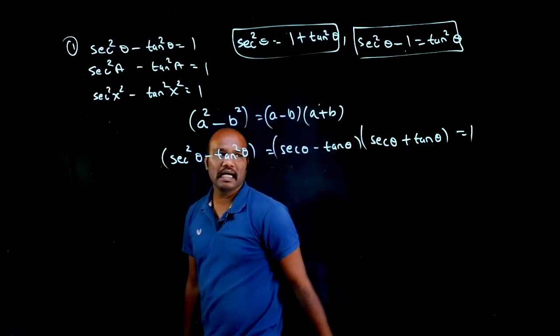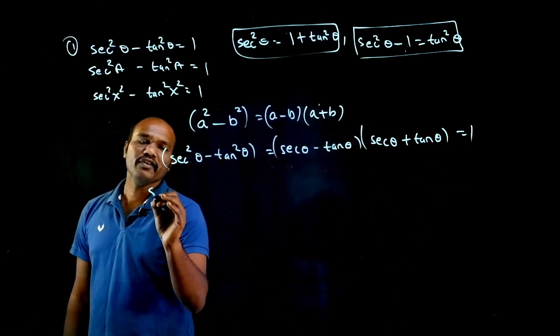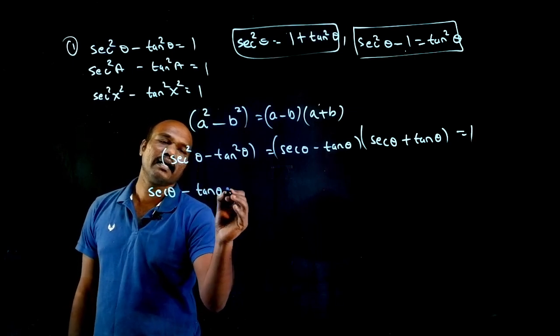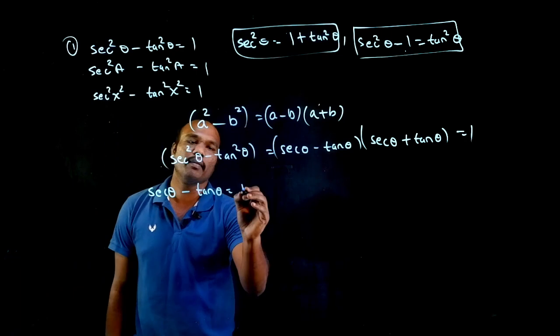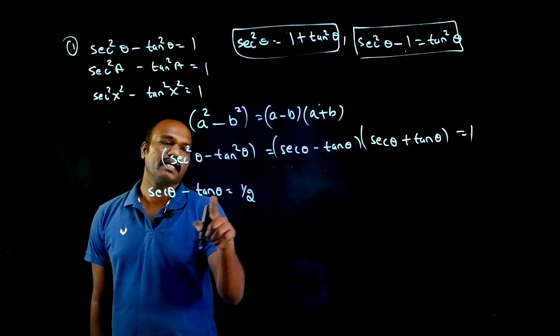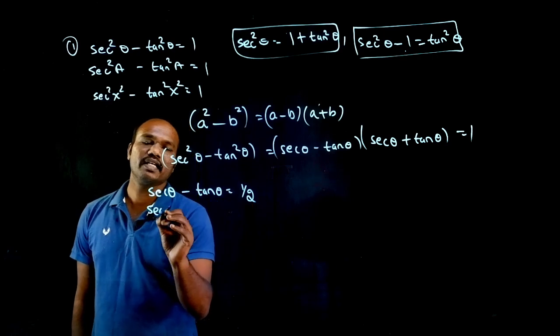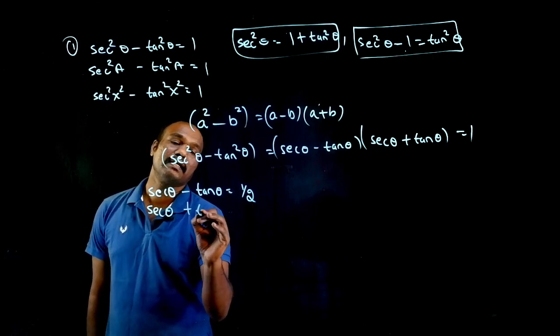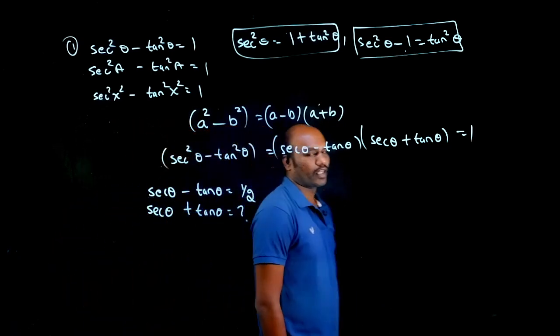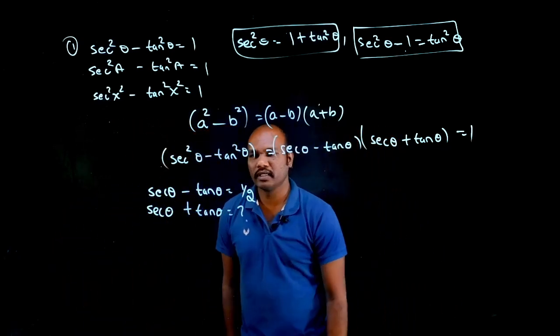See how the question is asked. If secant theta minus tan theta is equal to 1 by 2, what will be the value of secant theta plus tan theta? Can you find out? Yes.